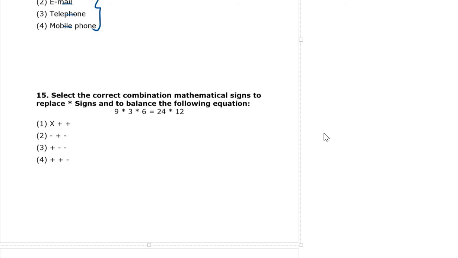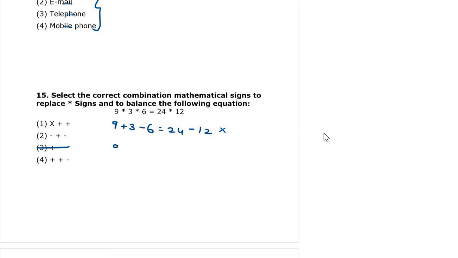The third one we can try. 9 plus 3, 12. Minus 6, 6. 24 minus 12. Okay, this is not the answer, because this is 12 minus 6, 6. So it is not correct. Like that you need to check.